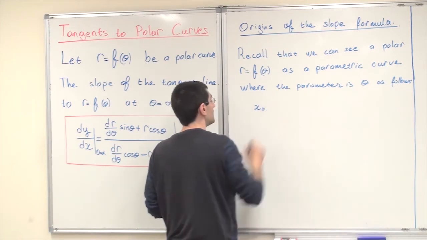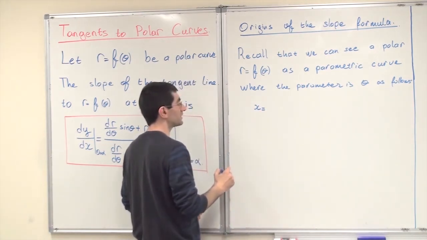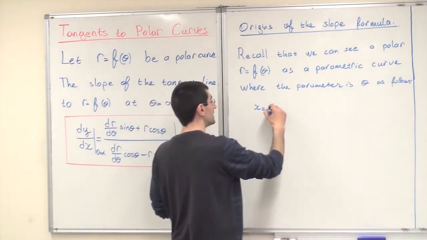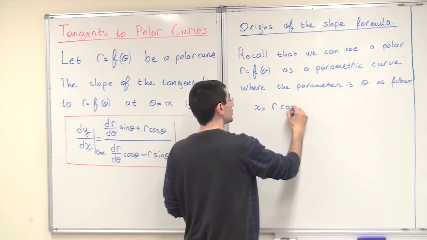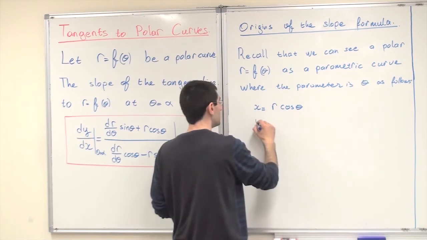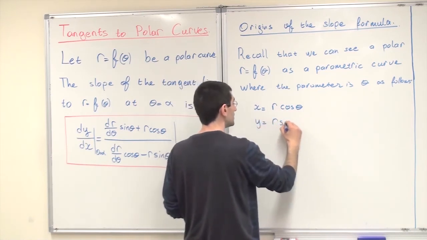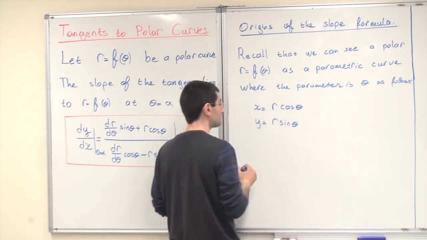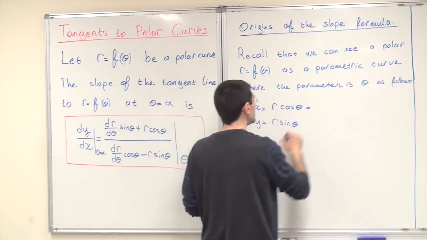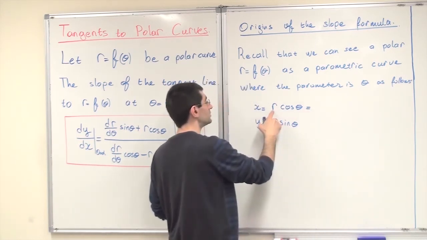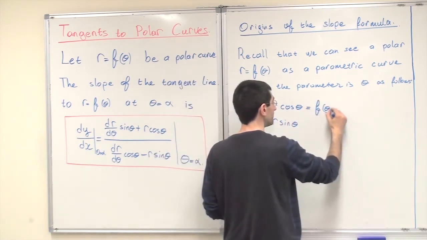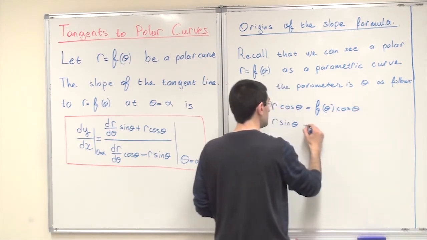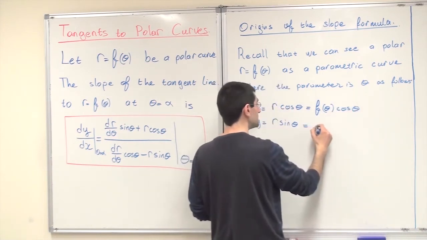So we remember the relation between the Cartesian coordinates and the polar coordinates. So x is equal to r cosine theta and y is equal to r sine theta. And we substitute the expression of r in terms of theta, which is f of theta, in both relations.